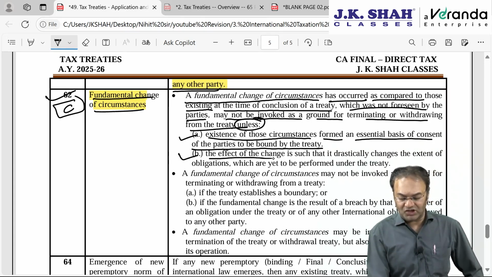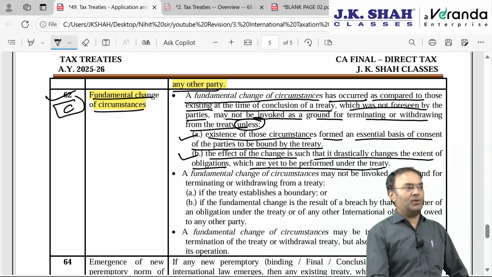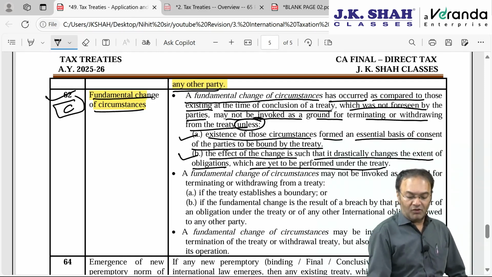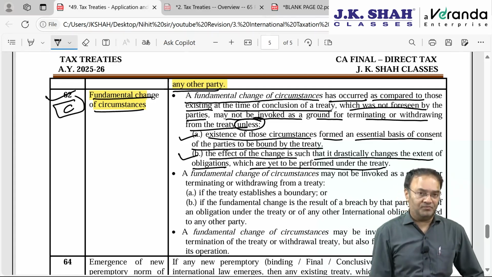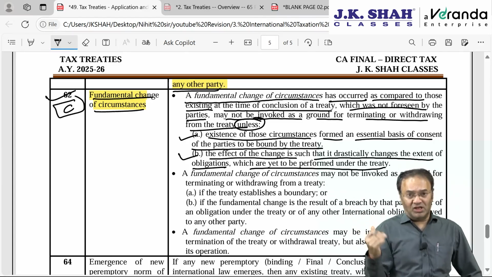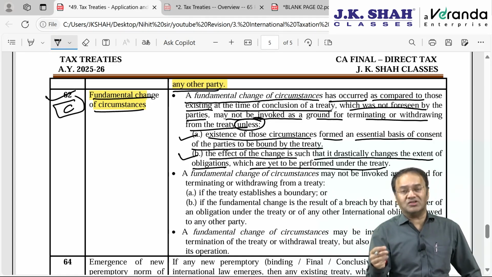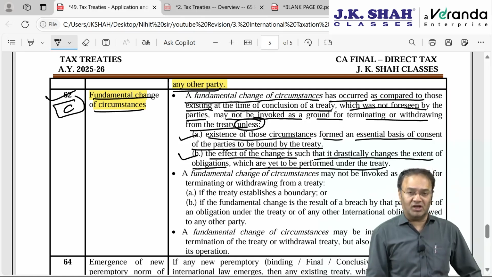Or the effect of the change is such that it drastically changes the extent of obligations which are yet to be performed under the treaty. For example, there is a treaty between India and USA that we will supply a particular product in so much quantity. That product we import from Iran, say crude oil or natural gas, we refine it and then we export it to USA.